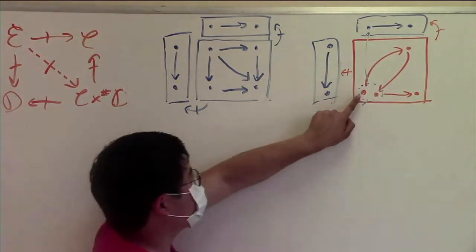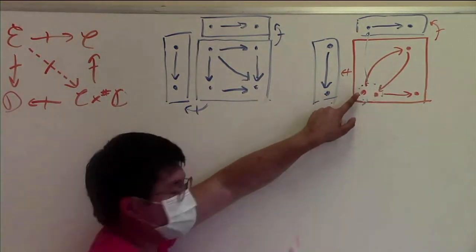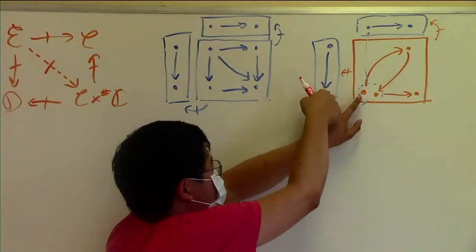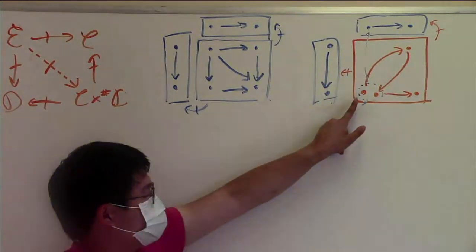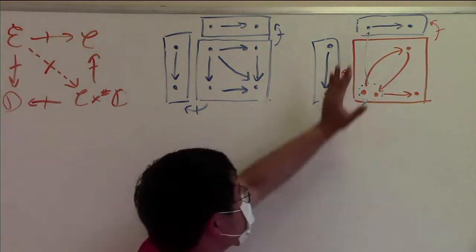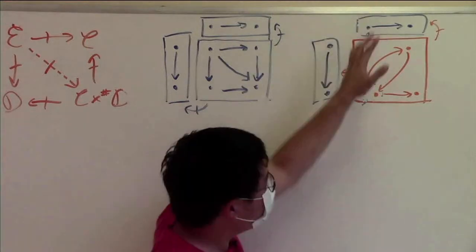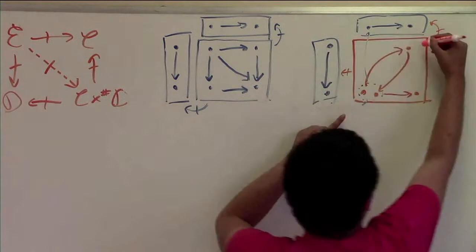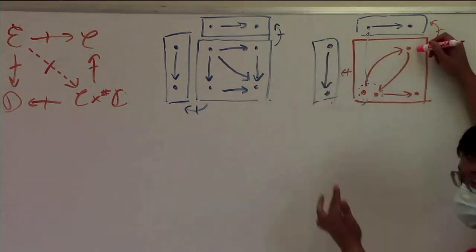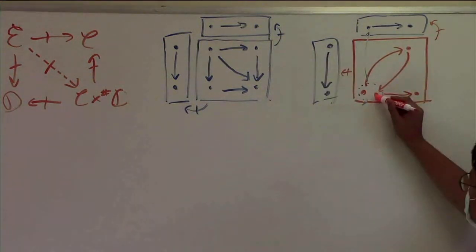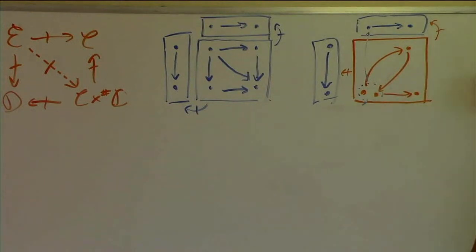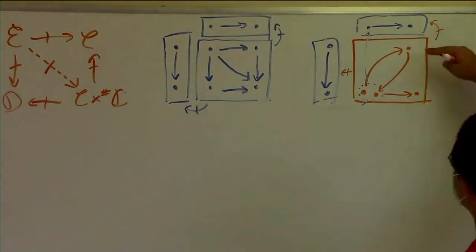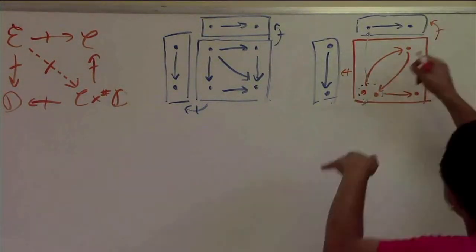We're already stuck because there's no non-identity arrows out of here. But the fact that there's another interface here actually lets us get unstuck, right? This is going to bring us out over here, and then now we actually can operate with this interface, and that's going to bring us here. And so there's this weird thing where two interfaces do a lot more than each of these interfaces separately, right? And you can get yourself unstuck if you have multiple interfaces acting on the same system.